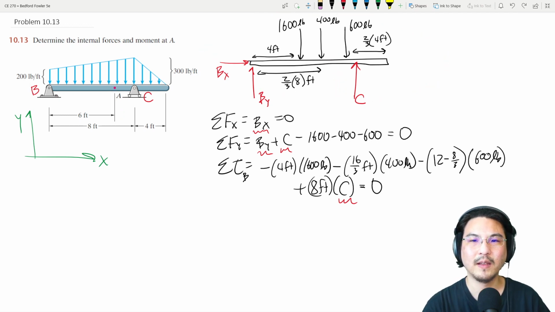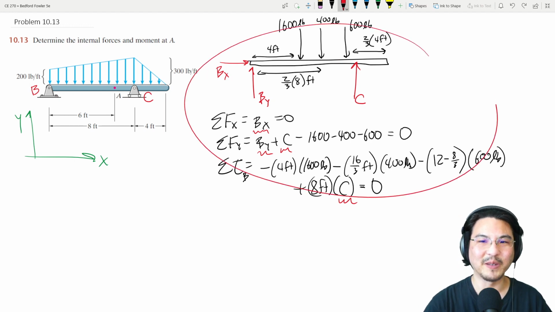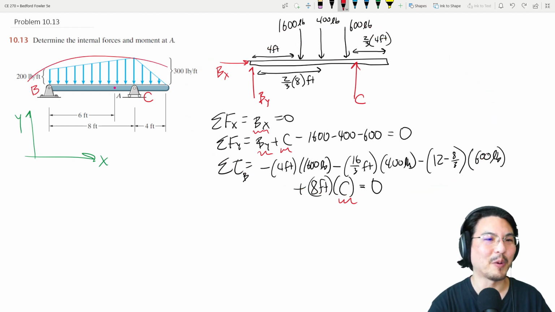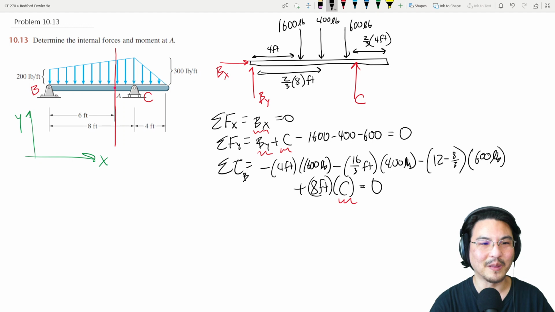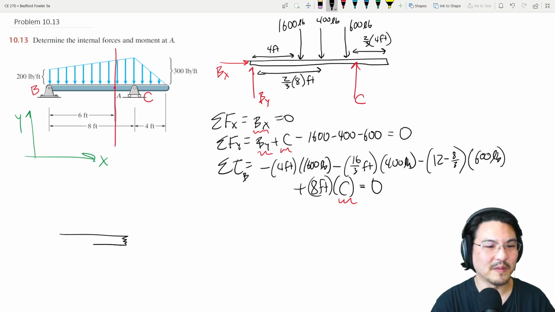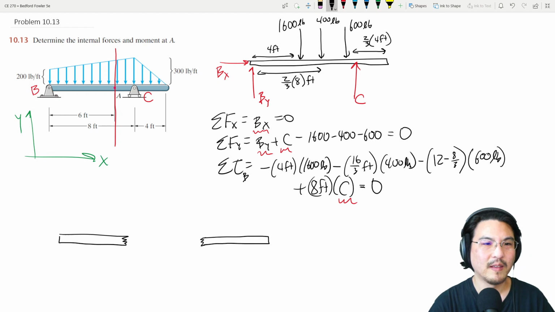Okay, so we're done with this. We leave it behind. Now we're back here. Now we cut a section right here through A. That leaves us with this left section and the right section. Okay, and then let's see.